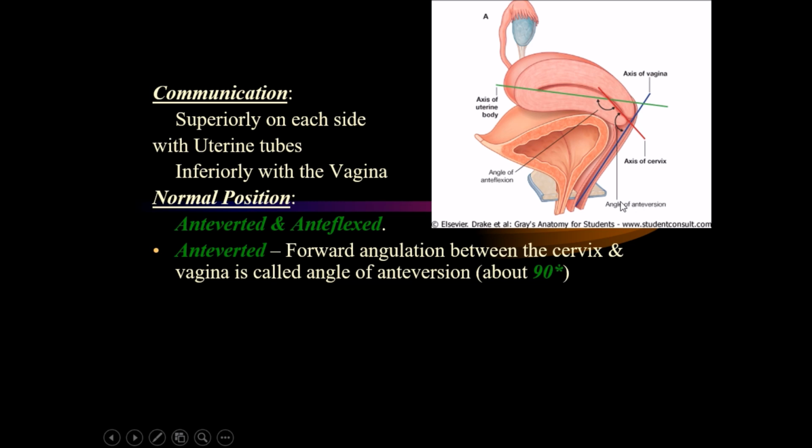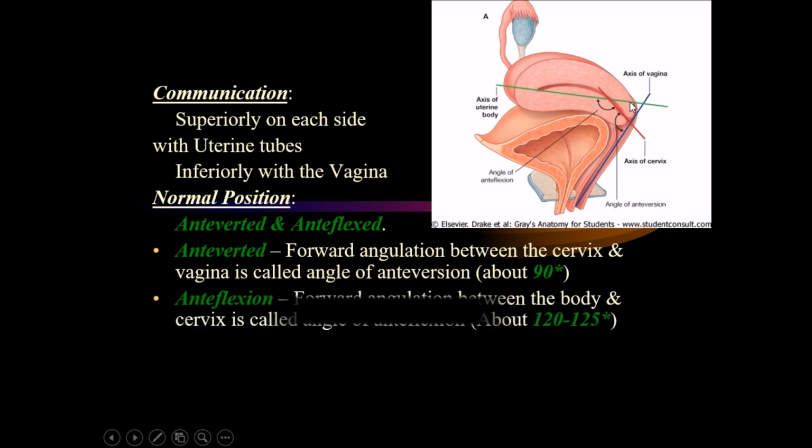The angle between the cervix and the body of the uterus is called the angle of anteflexion, almost 120 to 130 degrees. So this is the normal position of the uterus.